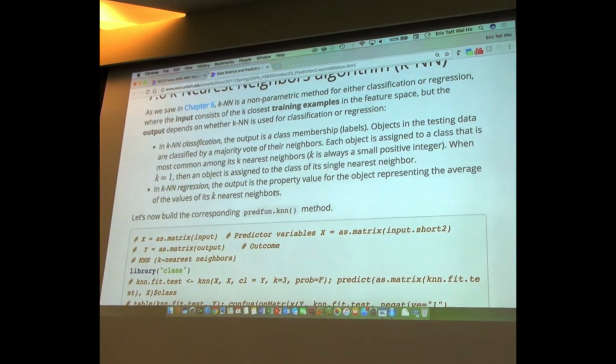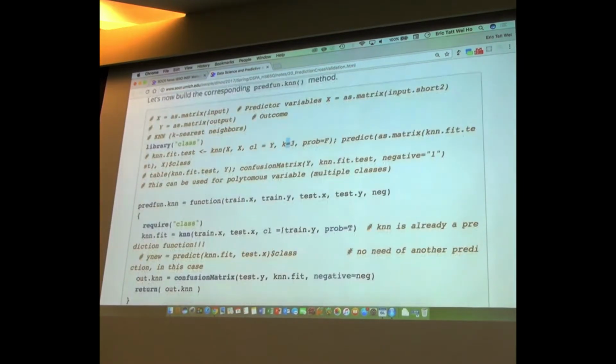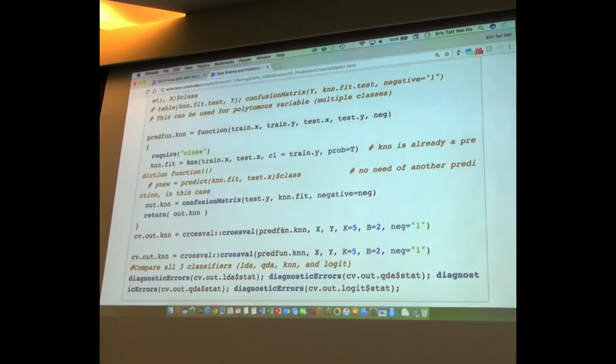K is a parameter that you can either computationally compute, or most of the time you specify it right up here. 3. Oh, I chose 3 because in this case, actually, let me see what did I choose here.